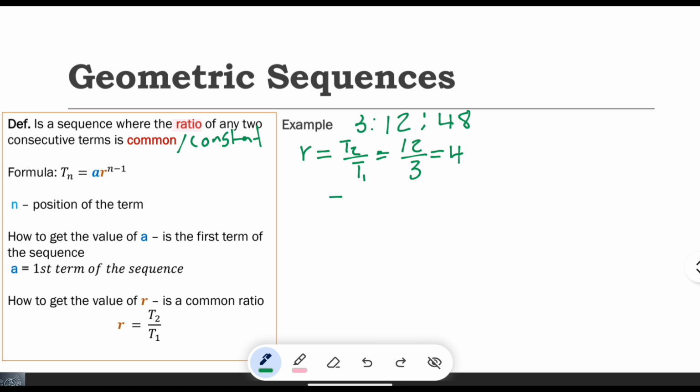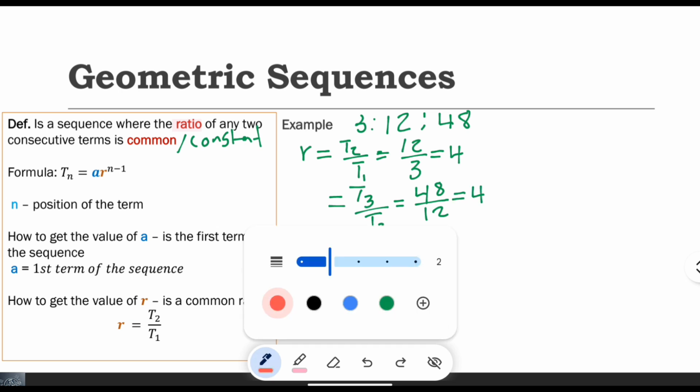To check again, we say T3 divided by T2. Our T3 is 48, and we divide it by 12, which is our T2, term number 2, and that is also 4.